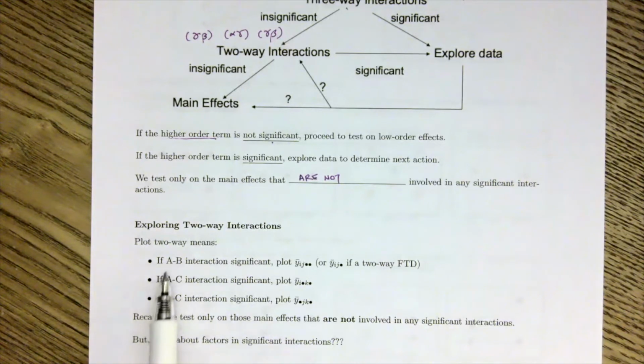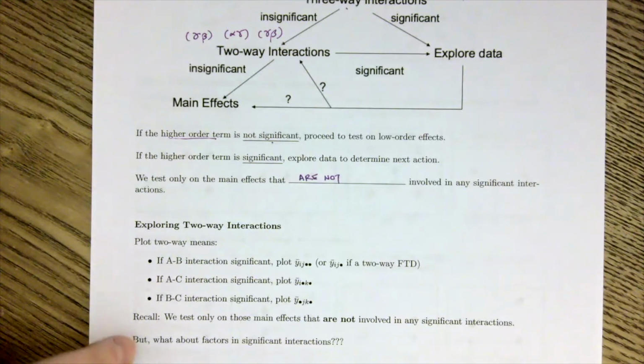And so if the A and B interaction is significant, we can look at their estimated cell means to see what's going on. Even if they're not significant, you can look at the interactions. If the interaction isn't significant, you'll see parallel lines, most likely. So again, we're only going to test the main effects that are not involved in significant interactions.